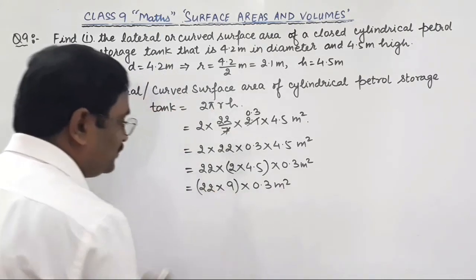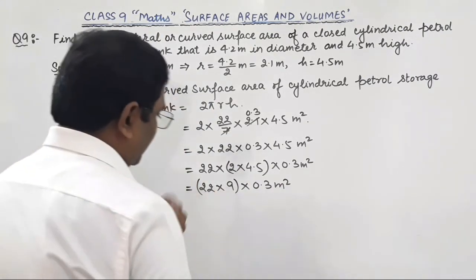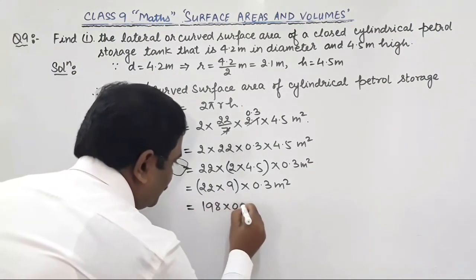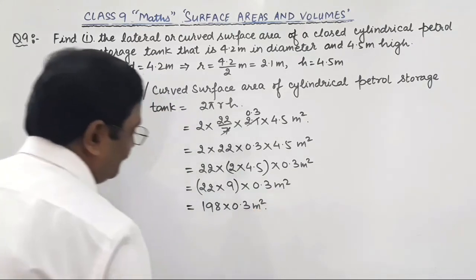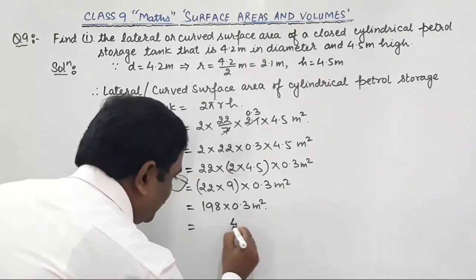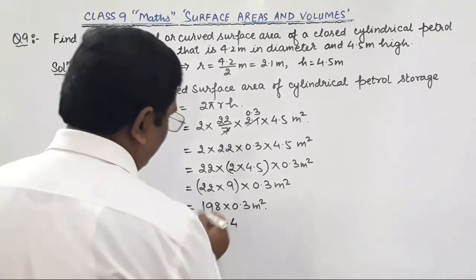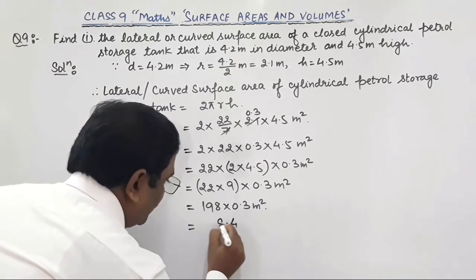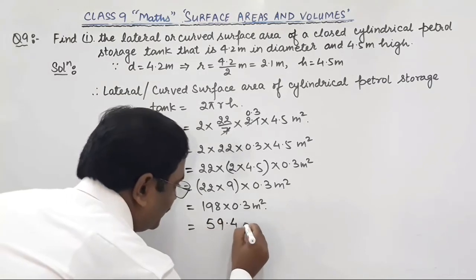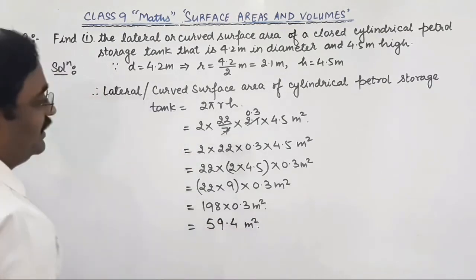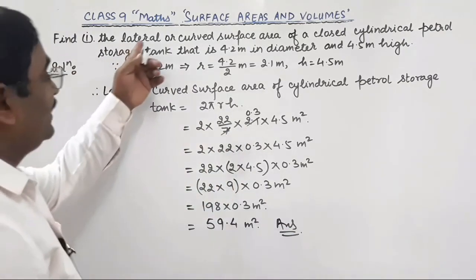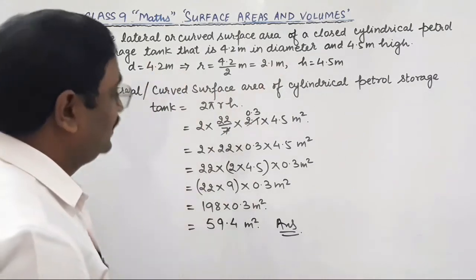Now let's multiply these together. 9 2s are 18, 9 2s are 18, 1 is 19, means 198 multiplied by 0.3 meter square. Therefore multiply it, 3 8s are 24, 3 9s are 27, plus 2, 29, and 3 1s are 3, plus 2, 5. 59.4 meter square is our required answer, the curved or lateral surface area of this cylindrical petrol tank.